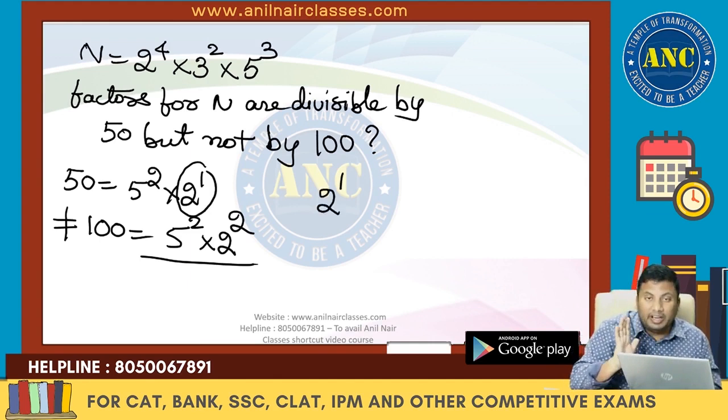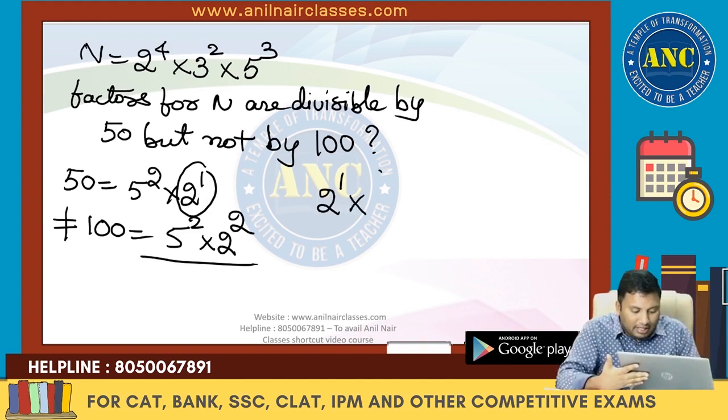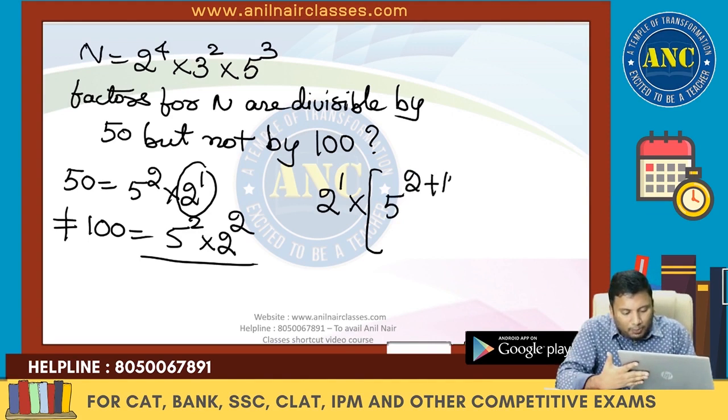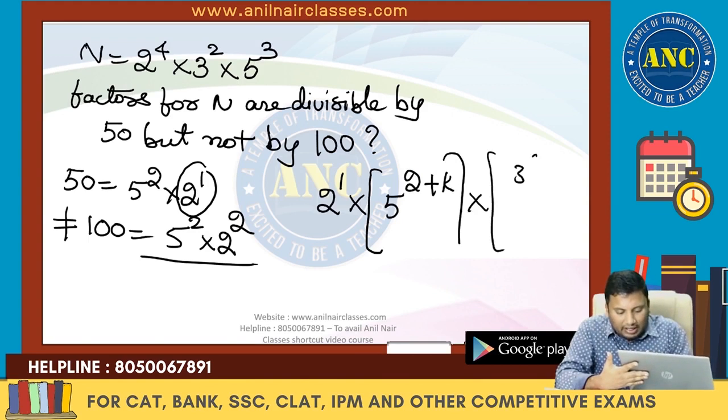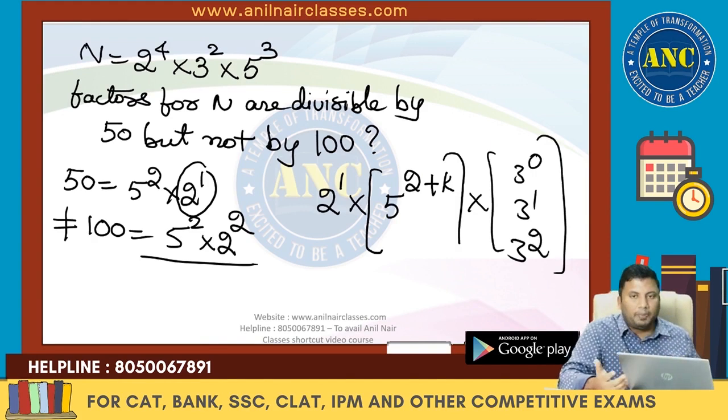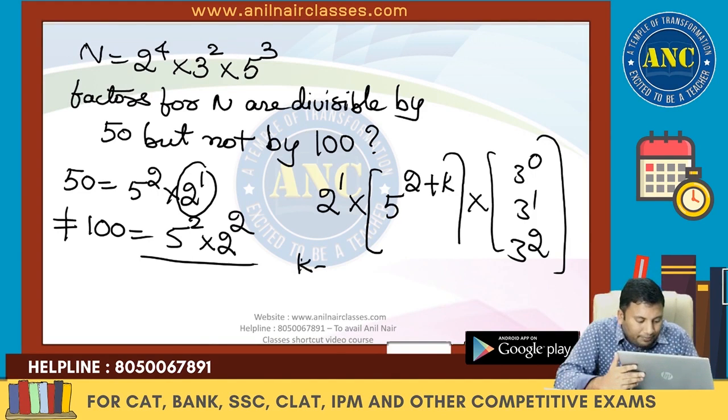It cannot be 2 square. 5 is starting from power 2, so it is 5 power 2 plus k. There is no restriction on 3. It can take 3 power 0, 3 power 1, 3 power 2. So the k value can be 0 or 1.